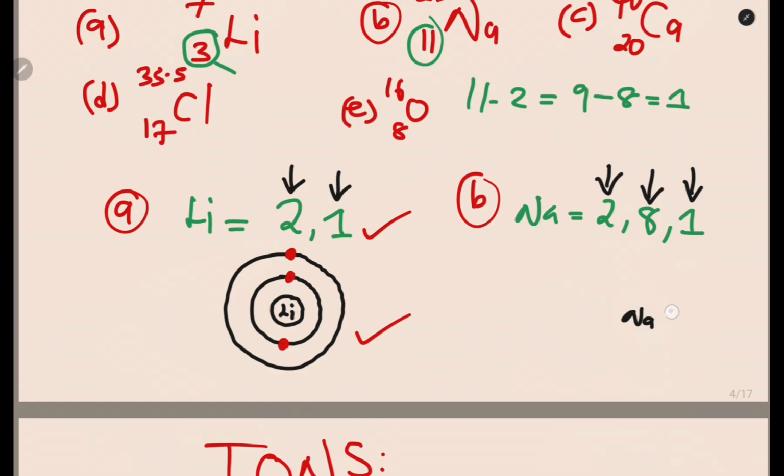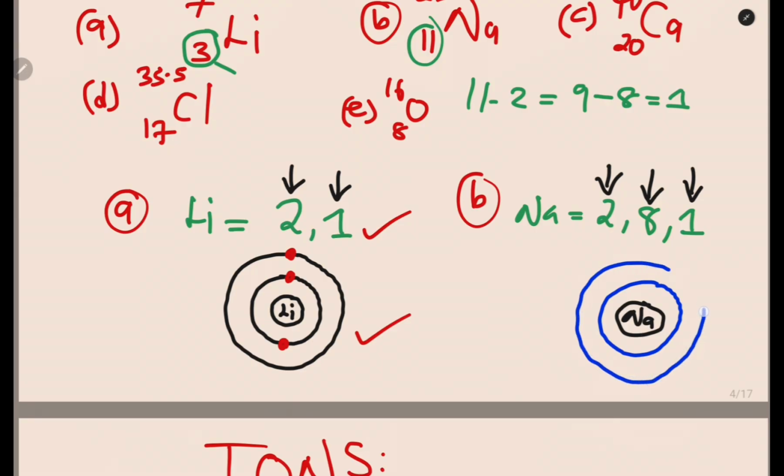Then around it, I'm going to put 3 circles: the first circle, the second circle, the third circle. Make sure that your circles are spaced so that they do not become close, and for the sake of neatness, make sure that you draw nice circles.